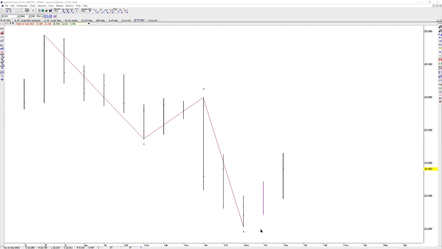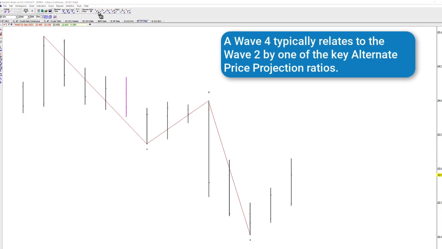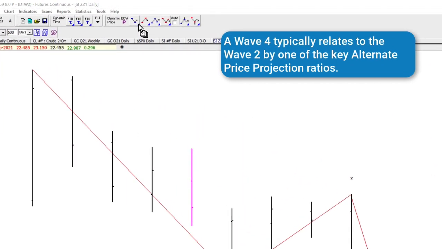But we're just going to be concerned now with the most important ones, which are the retracements of wave 3 and the alternate price projections of the wave 1. So let's get our wave 3 retracements to begin with.